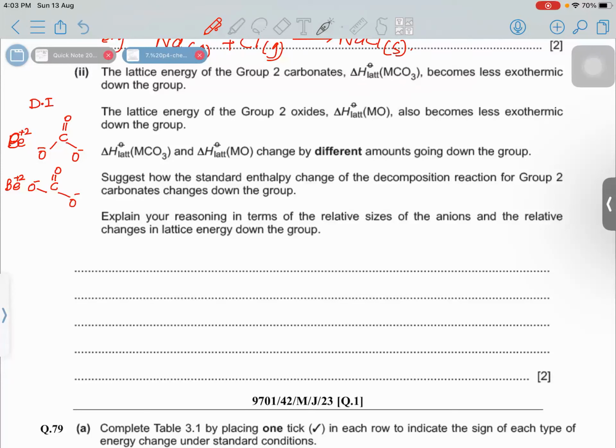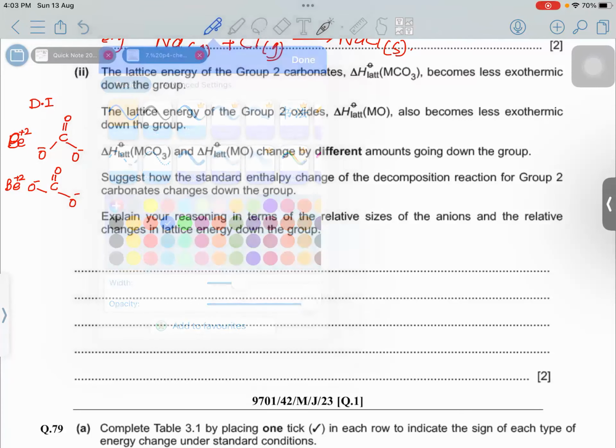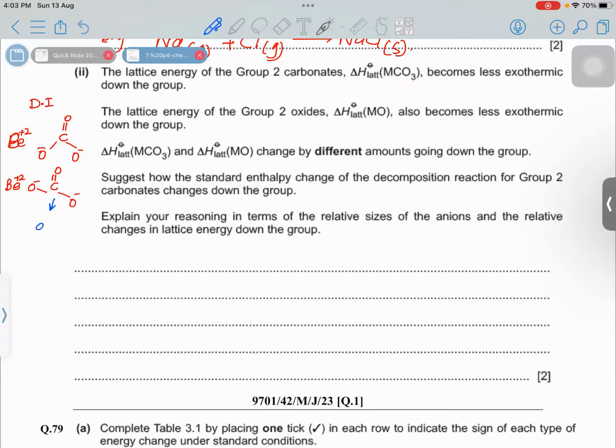Are you getting my point? Okay, sir. This is called distortion. And this positive ion has more polarizing power.